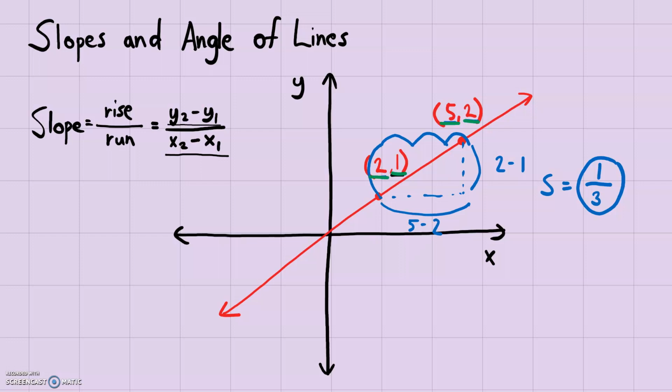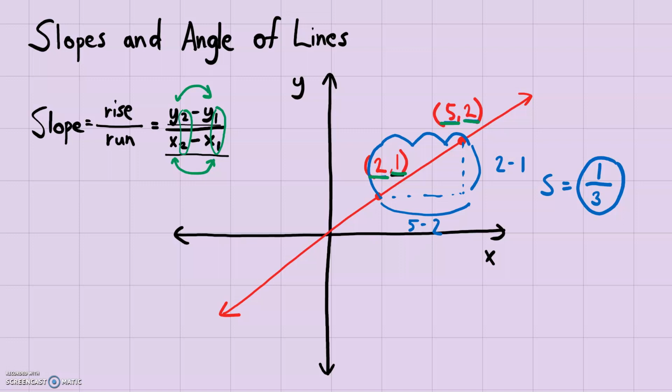So it doesn't really matter even if you switch the 1s and the 2s here, except if you switch the 1 and the 2 in the numerator, you also have to switch them in the denominator. You have to make sure that the numbers match like this vertically. So you have to make sure that you're subtracting the same point.